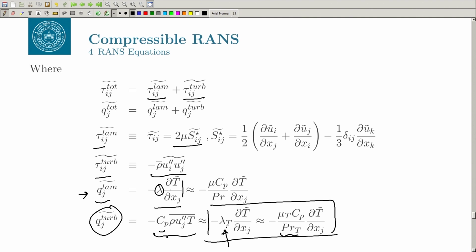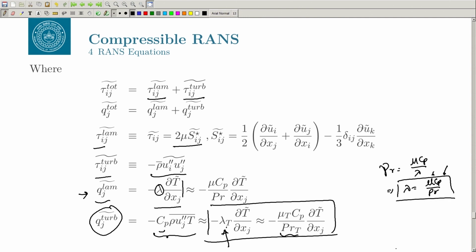Remember, the Prandtl number we had discussed earlier is mu Cp by lambda. So, this lambda becomes mu Cp by Pr, and for a gas, for example air, the Pr is equal to 0.7 or 0.71, and you know Cp and viscosity, so you can calculate the conductivity.